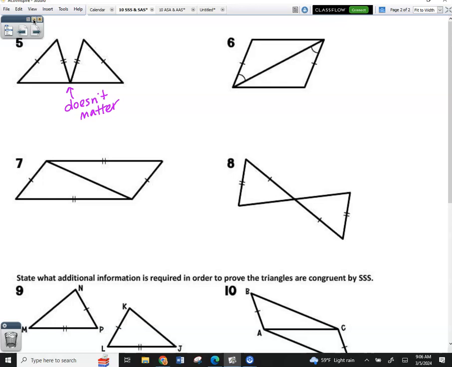We're shooting for side, side, side, or side angle side. Michaela? Yes or no? No. There's not enough marks. You don't have a single angle mark, so you can't go side angle side. And for side, side, side, I would need to know the bottom info. We don't know anything about the bottom, so there's not enough info here.